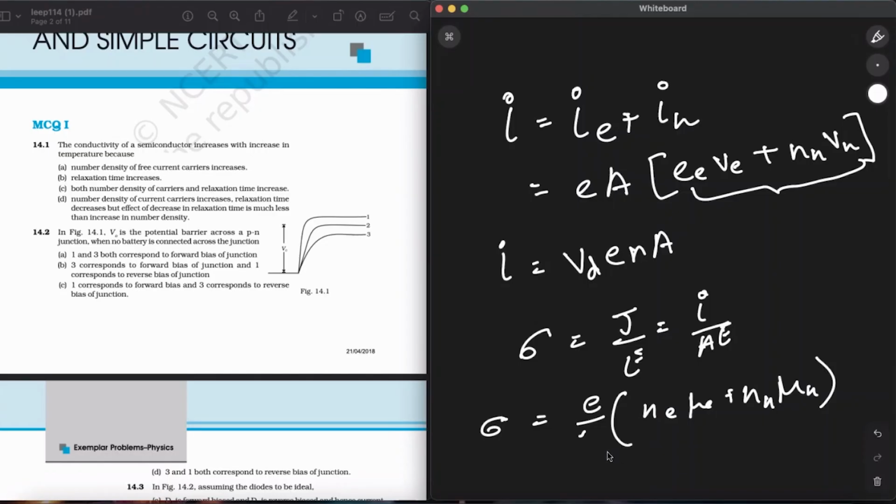So mu equals v upon E, and that is what we have done. Mu is equal to v by E, the mobility of electron, that is what it is called.